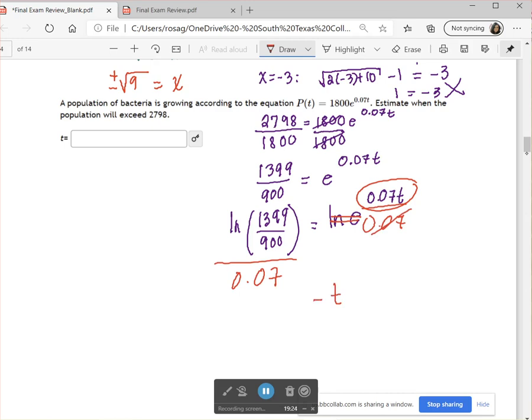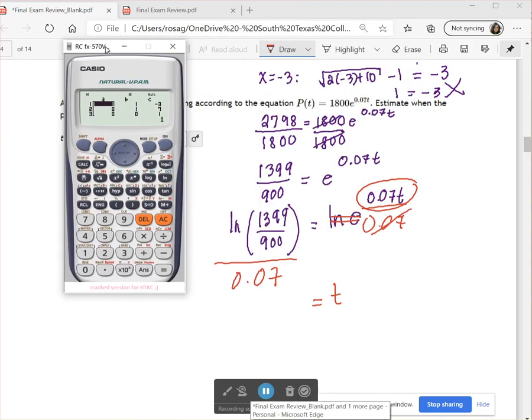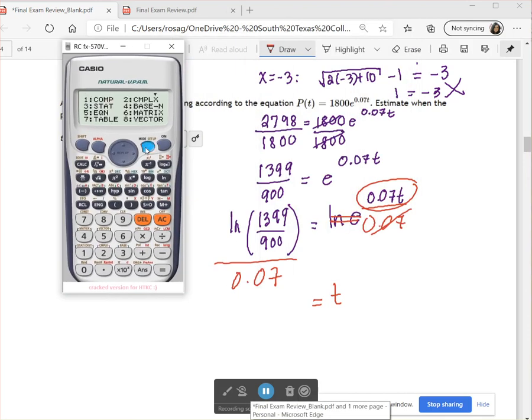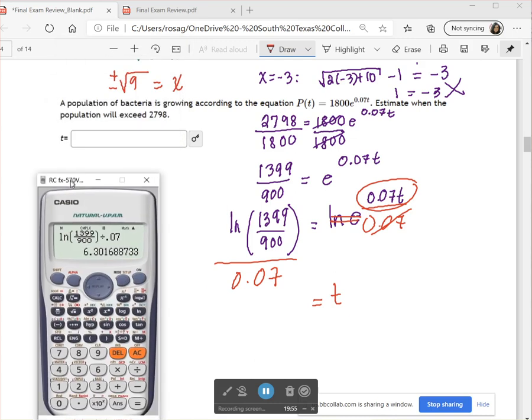So I get t equals whatever I get from that computation. If I were to put it on my Casio, I get 6.30168.